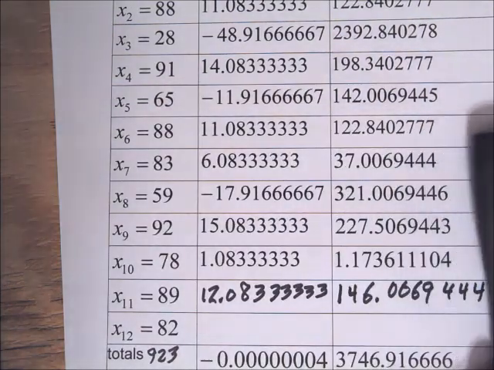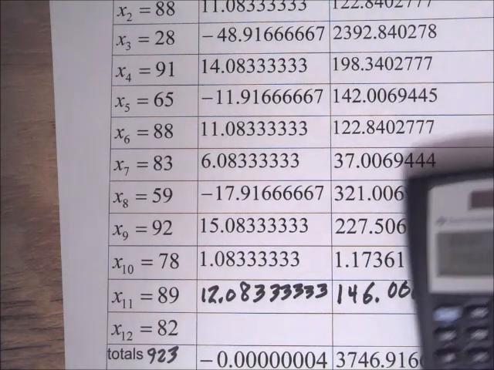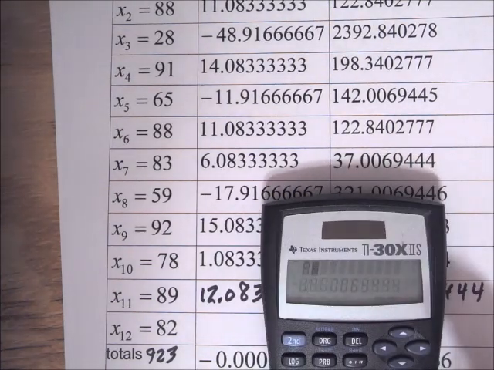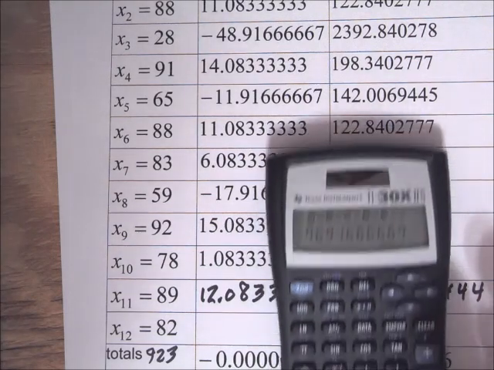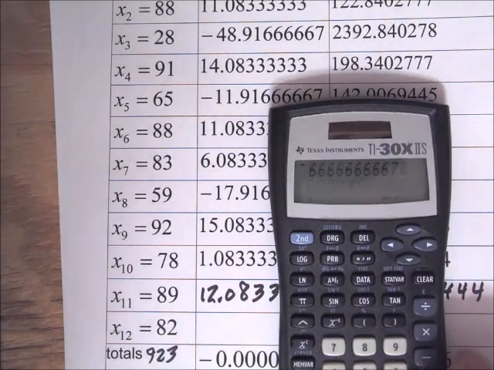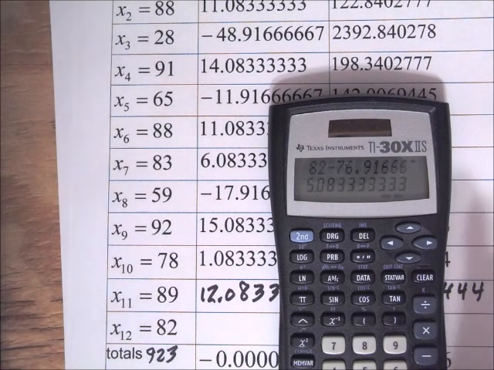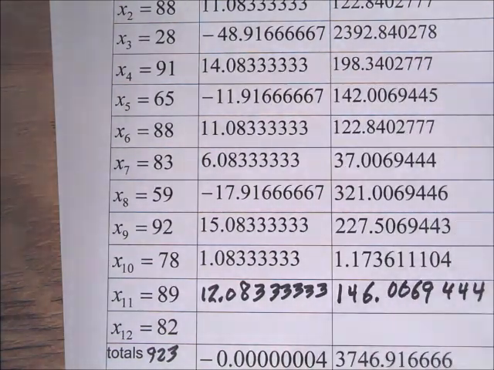Okay, and then do the same thing for row 12, 82 minus recall equals 5.083 and repeating threes.